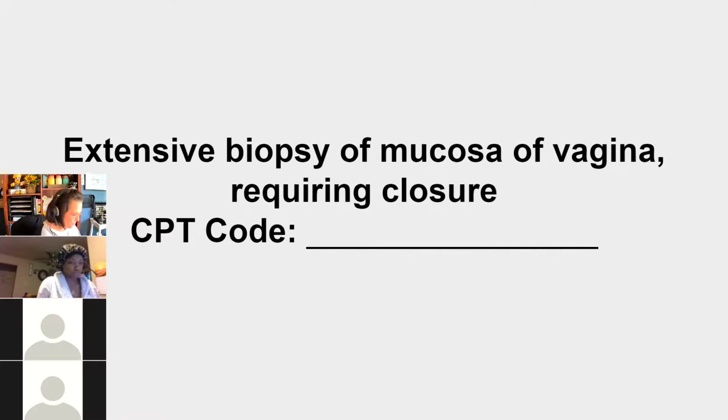That's exactly right. What did we do? We did simply the biopsy. So we're going to start on biopsy again. Can y'all tell in the female genitalia system, there's lots of biopsies. So we're going to look under that biopsy again.